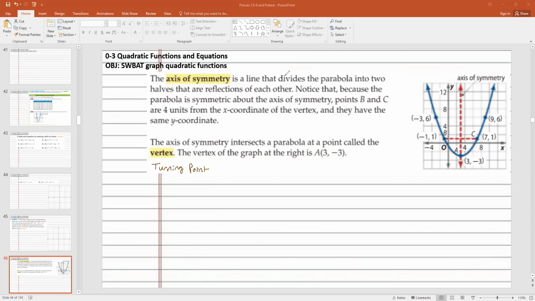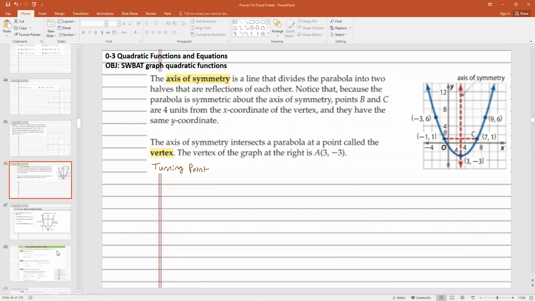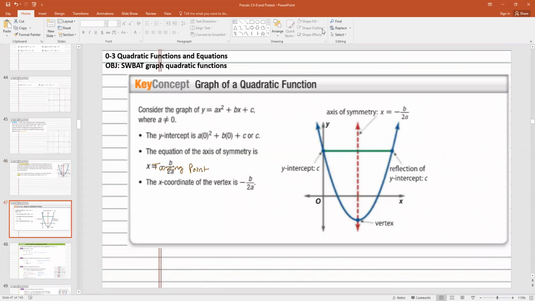Some placement tests do ask you about describing where it's increasing and decreasing, and we'll talk about that later on in a different chapter, I believe chapter 1. And then here we do have a formula to find the axis of symmetry, which is really important, but we don't have time because it's 12:20.